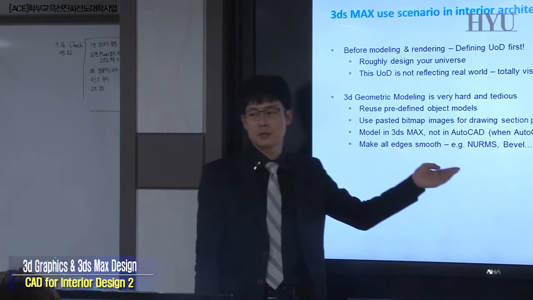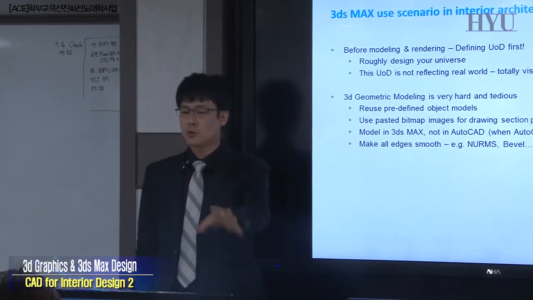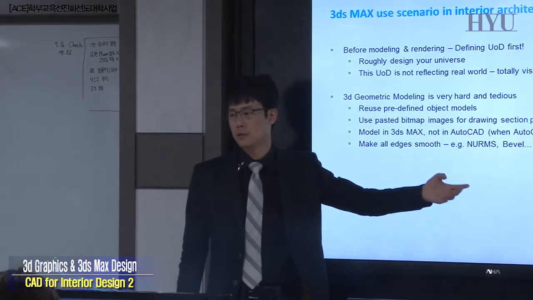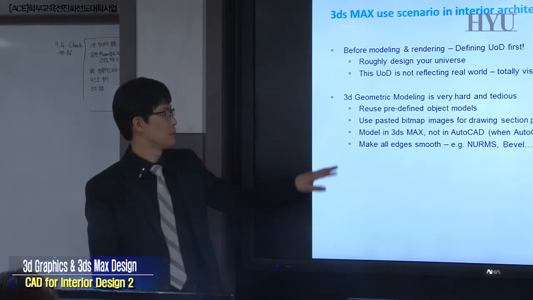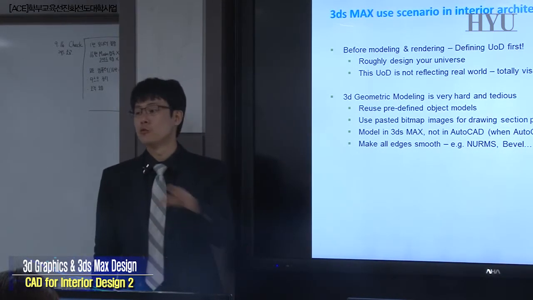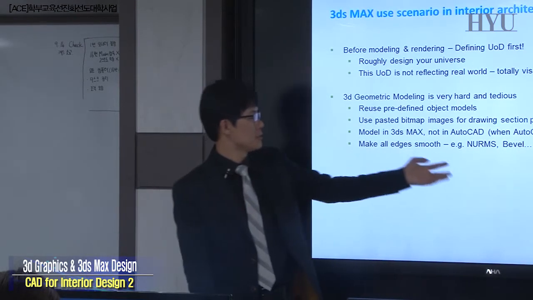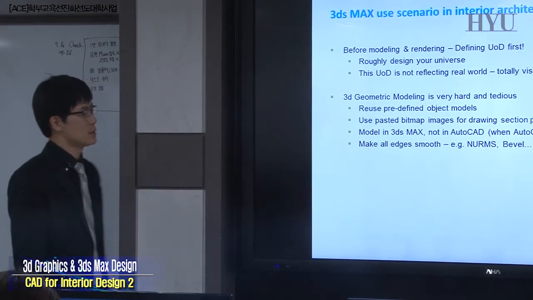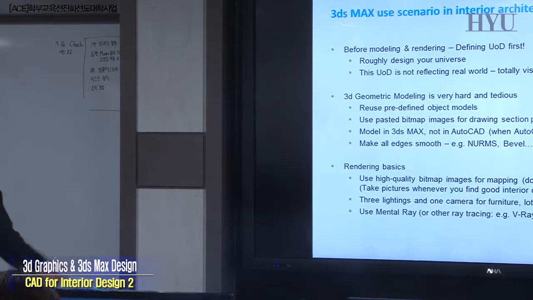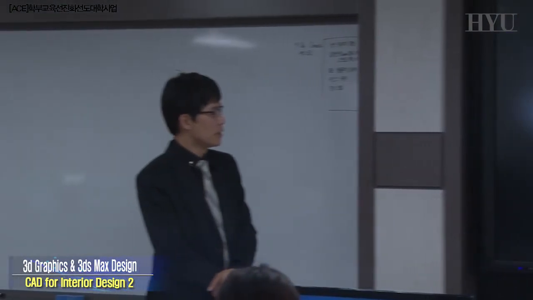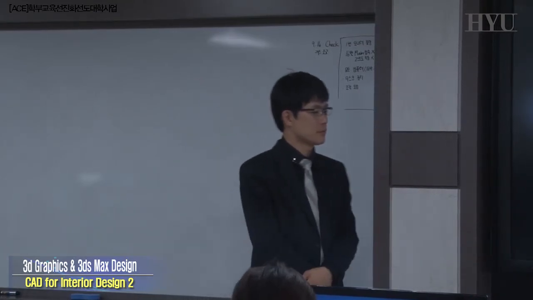Modeling in 3D Max takes shorter time than in AutoCAD. You need a very simplified and cleaned version. And some edge smoothing using some modifiers or options. We're going to deal with that one today too. Some rendering basics I posted.